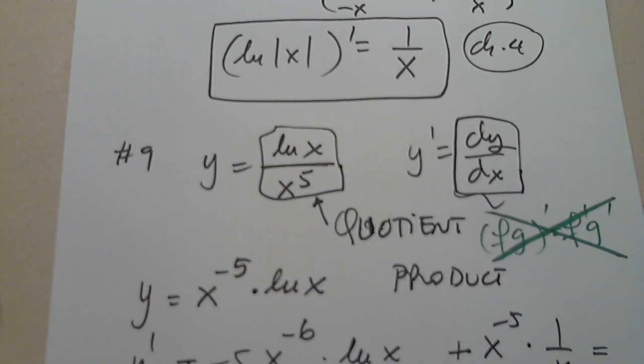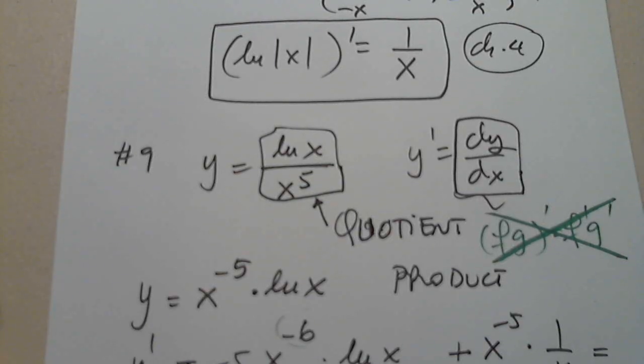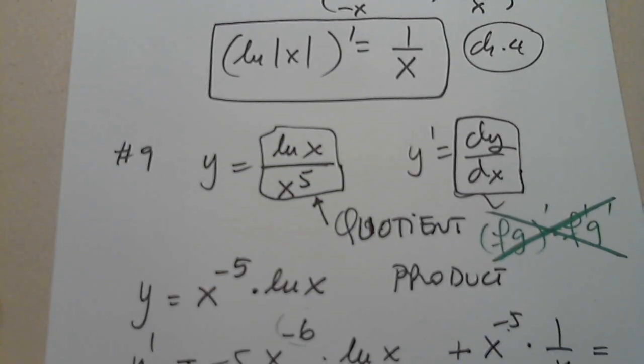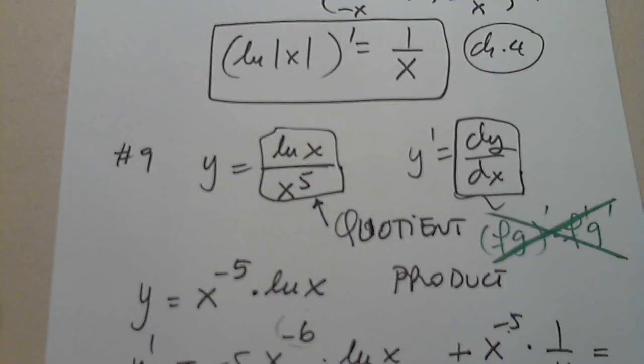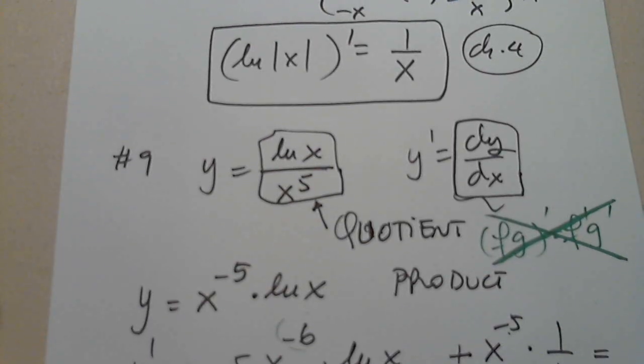So I brought this down to the denominator because it has a negative power. So negative 5 natural log over x to the 6th. I brought this down because it's a negative power, but 1 over x times 1 over x to the 5th is 1 over x to the 6th. Luckily, they both have the same denominator. All I have to do is copy.